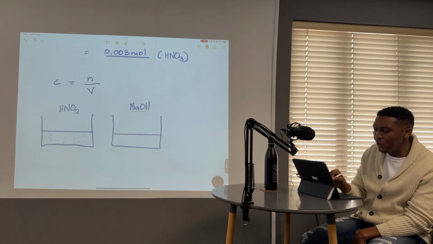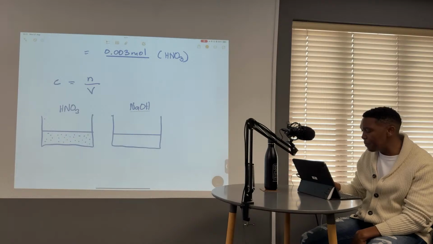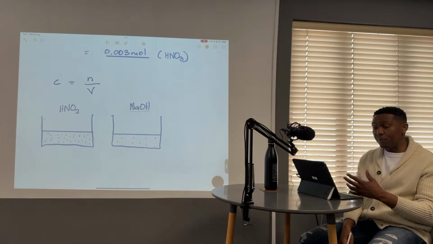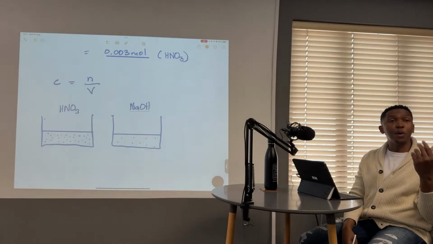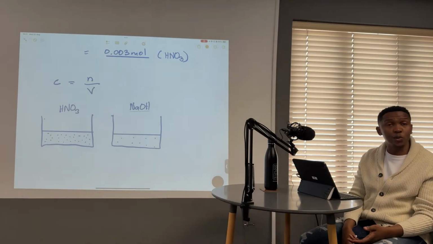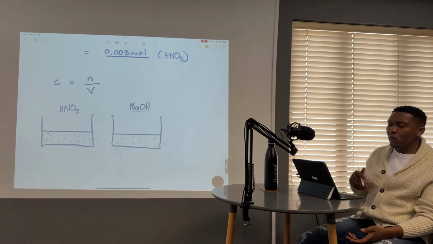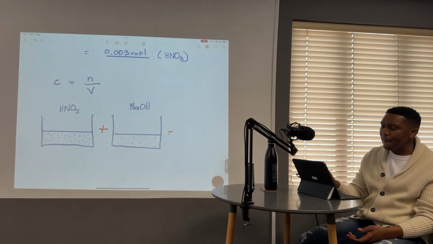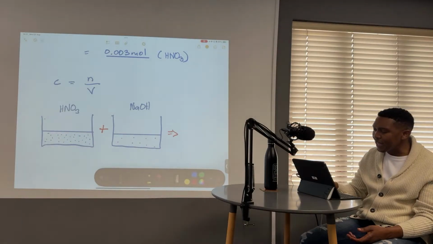Let's say we've got some molecules of nitric acid. Now, what we realized is that we had more moles of nitric acid, in red. Do you agree with me? You've got fewer molecules of sodium hydroxide. So what's going to happen? When you add these two together, you will now get a resulting solution.